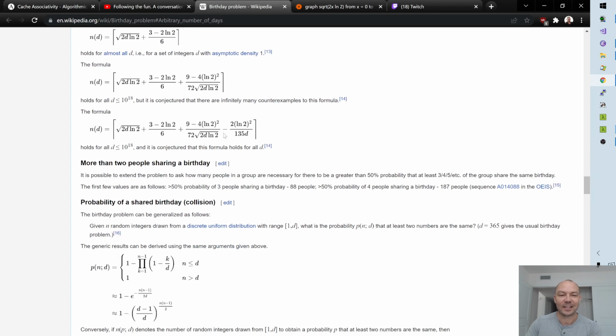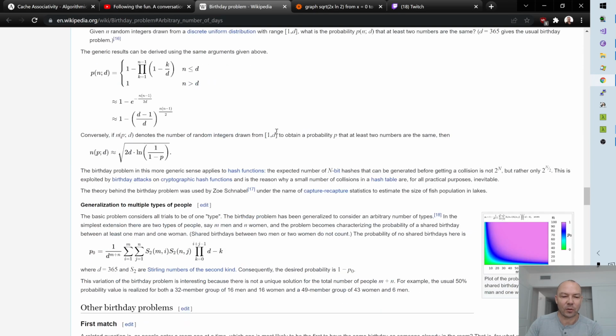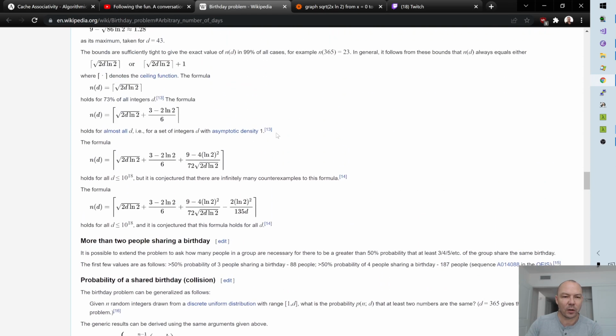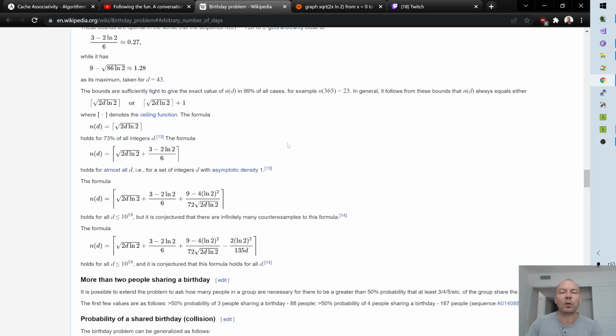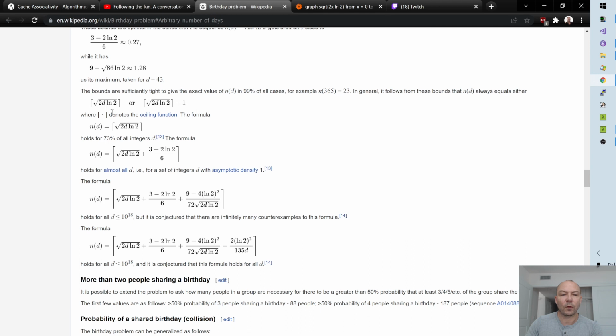It has a bunch of terms, but there's an approximation, if you just basically want to know. Then you can use this ceiling of square root of 2d ln 2, and I graphed that. You don't even need the ceiling. The ceiling is just to give me an integer result back.